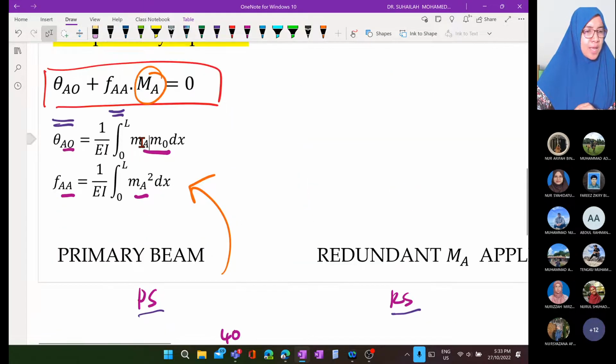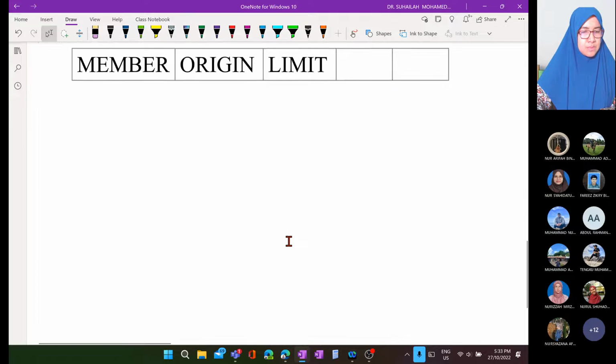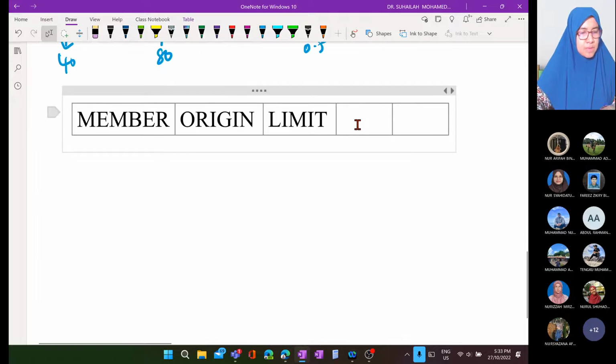This M, sorry, M not first, primary dulu. So this is moment equation for primary system.